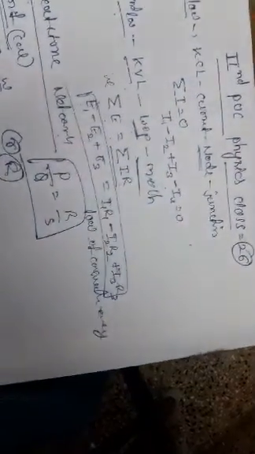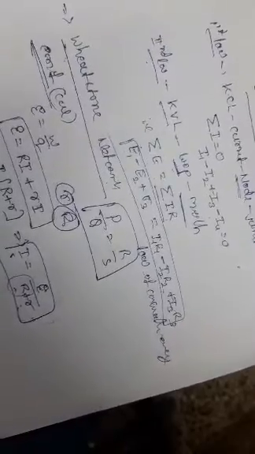Then, the combination of cells. There are two different types of combination of cells.